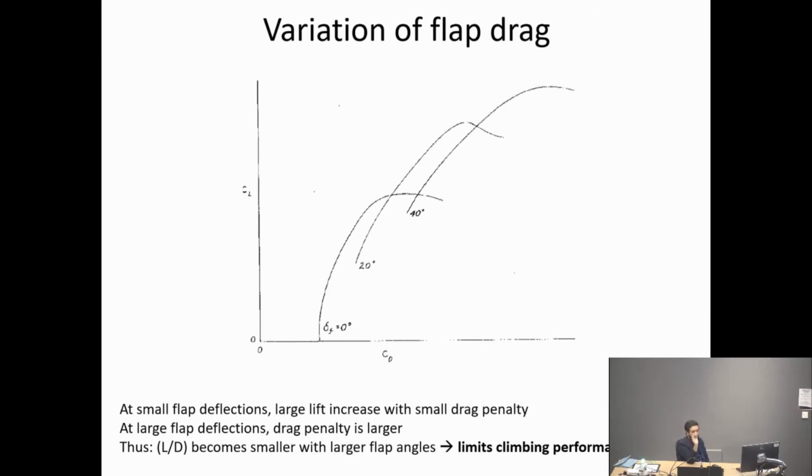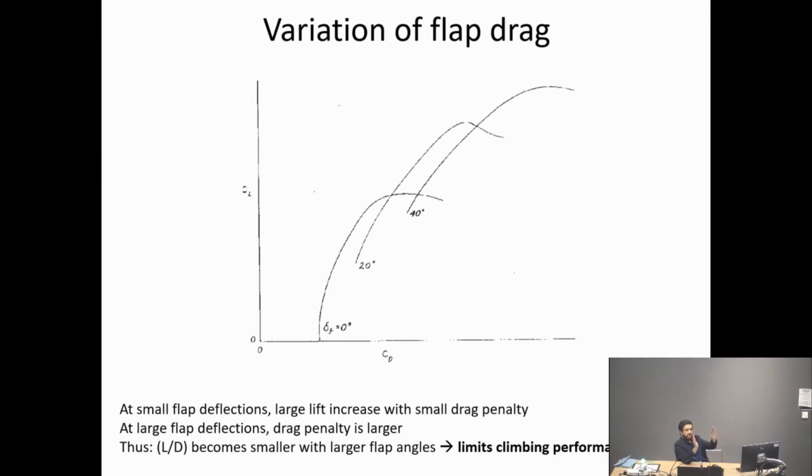We can manage that. The problem is you become more greedy and you want more lift, obviously. And then you keep increasing the deflection angle. The problem is at some point the drag wakes up and says, well, no, you can't just continue like this. And then it starts to increase quite a lot.